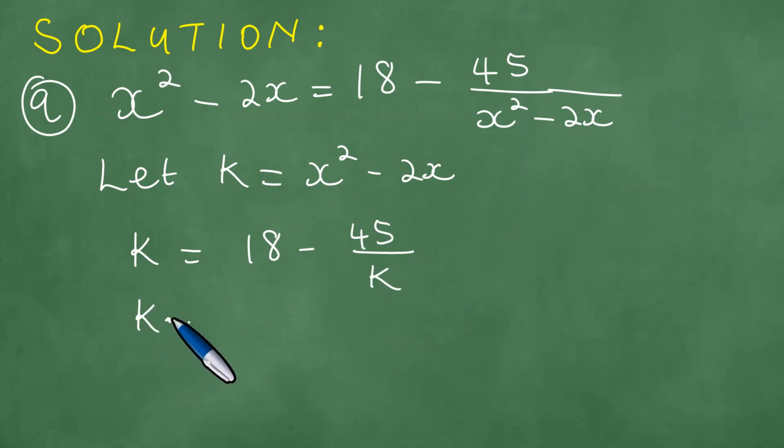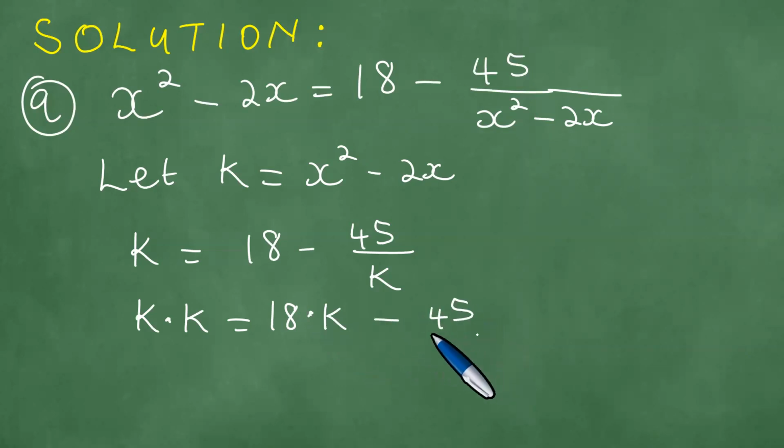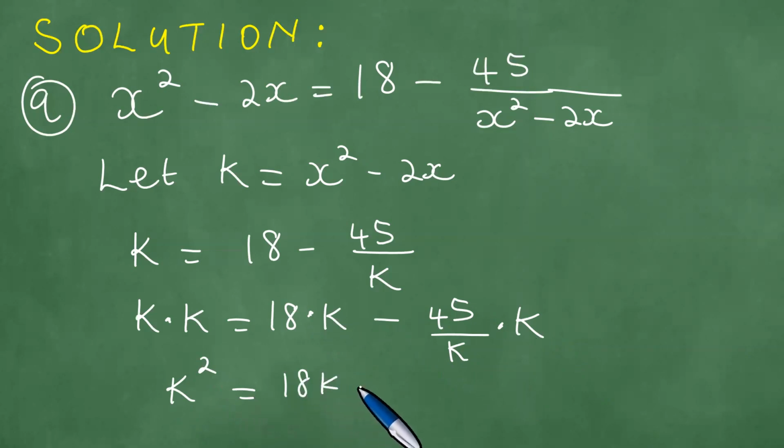Right, we multiply through by k, both left and right, multiplying each term through by k, like so. Upon further examination, we can see therefore that this is k squared equals 18k minus 45.